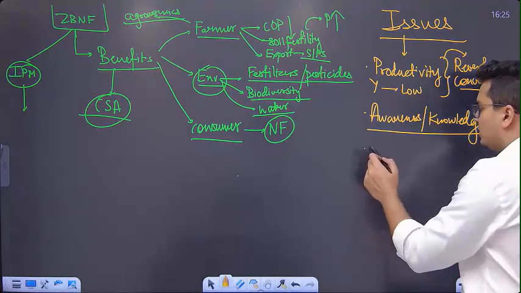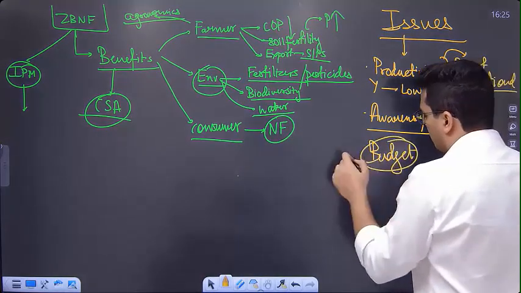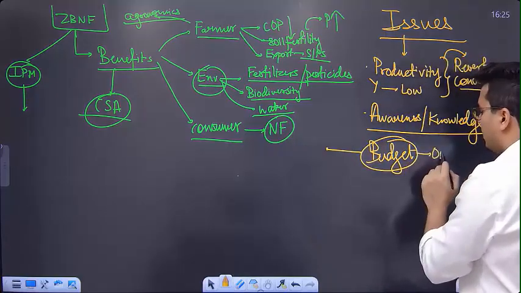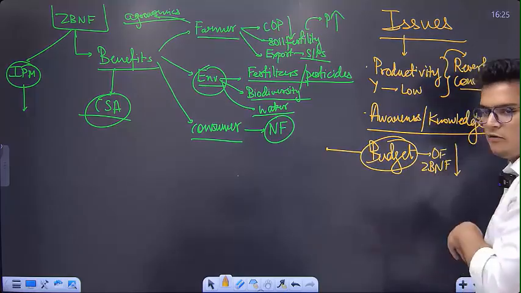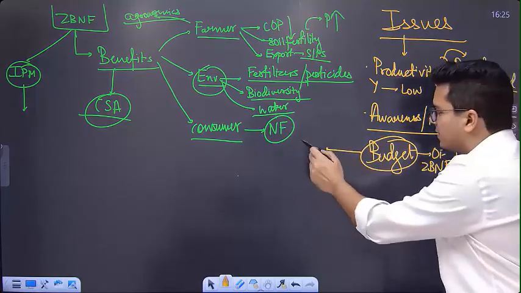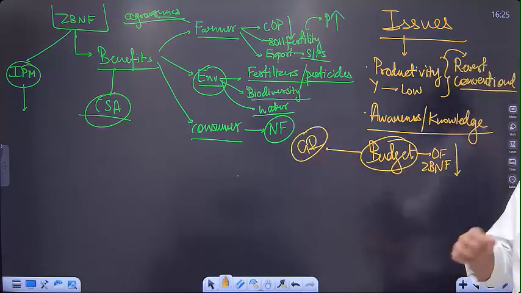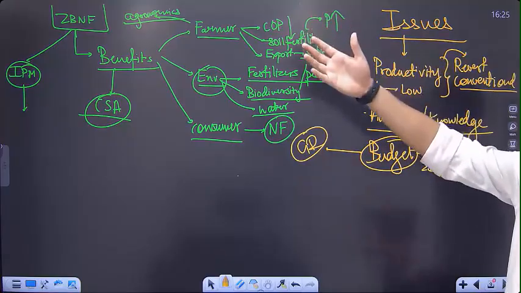If you look at the budgetary allocations that the government has done, the allocations for organic farming and zero budget natural farming are much lower when compared to those for green revolution like schemes. The budgetary allocation for the Rashtriya Krishi Vikas Yojana is more than 3,000 crores.